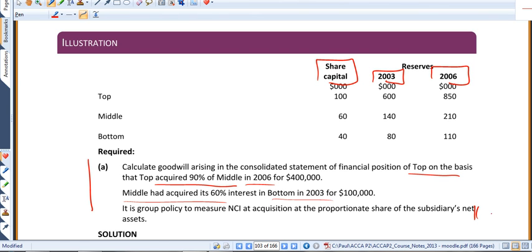You're also told here that we're using the partial method of goodwill. Don't forget the jargon that we talked about in chapter D1. And again, if you haven't learnt that jargon, do refer back to chapter D1 here. That's the jargon your examiner is going to use if he wants you to use the partial method of goodwill. So let's see how this works.